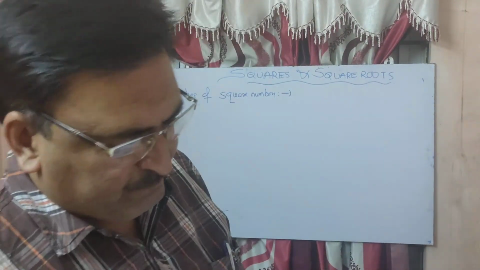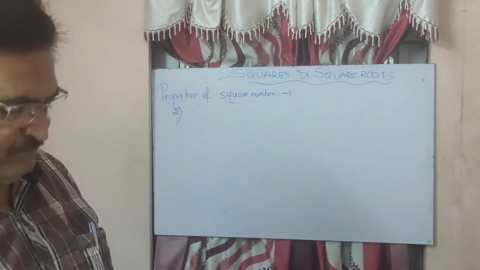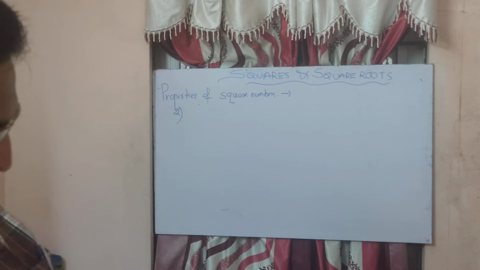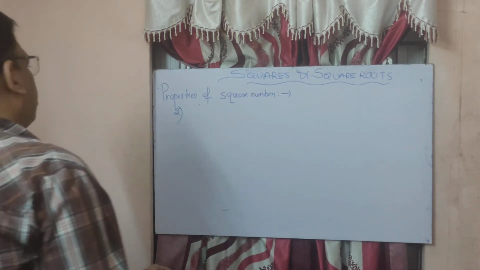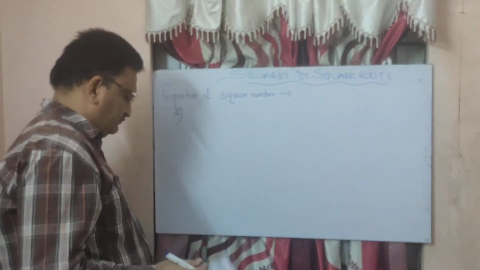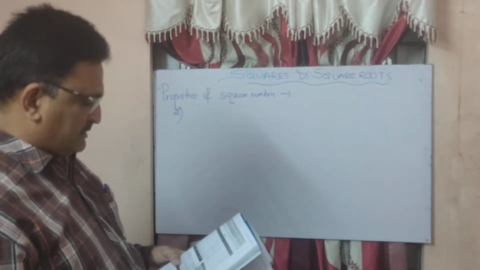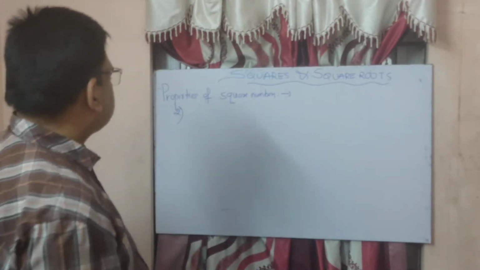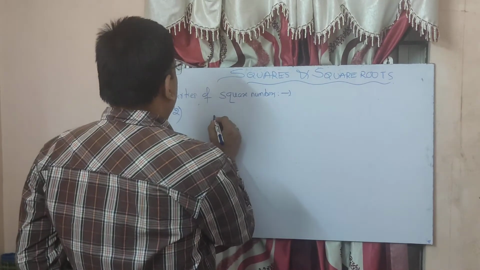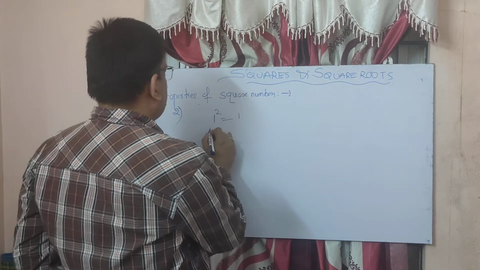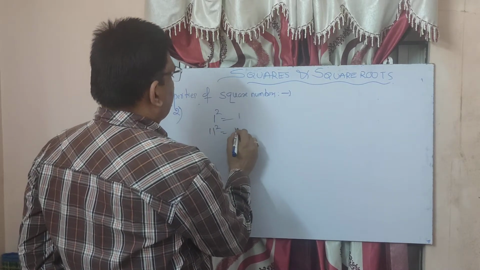So what is the second property? Okay, now for example, the square of 1 is what? 1 square is 1. 11 square is what? 121.